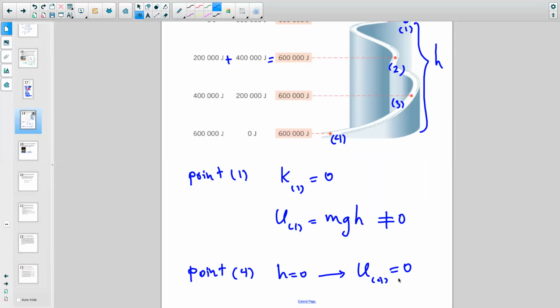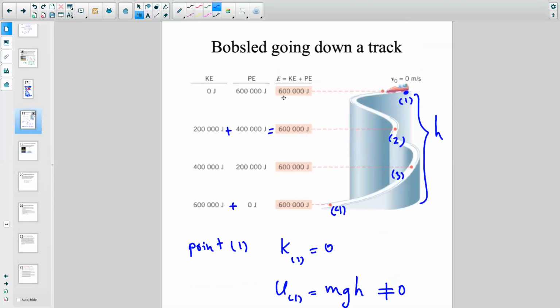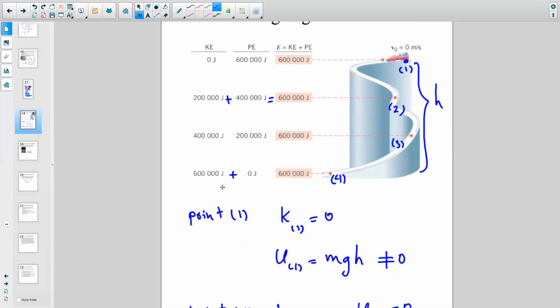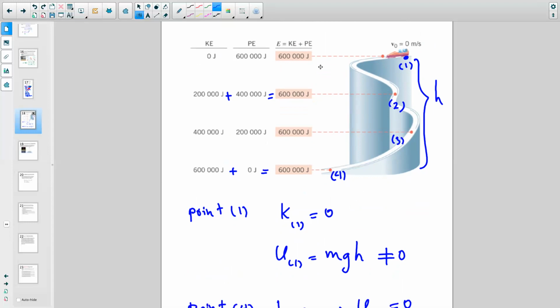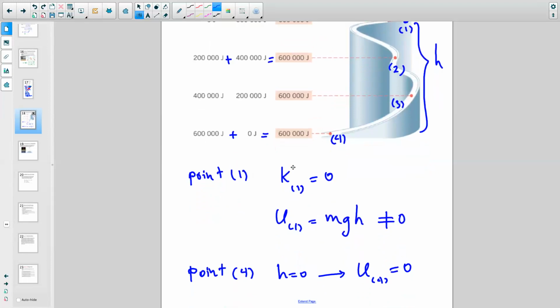So all the energy has turned to kinetic energy. So now that 600,000 joules is all turned to kinetic energy, but the value of mechanical energy or total energy is conserved. See, for point 1 it is 600,000. For point 2 is the same, point 3 is the same, point 4 is the same. Okay, so it does not change.